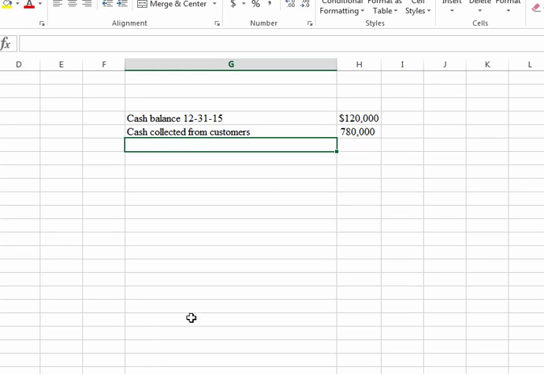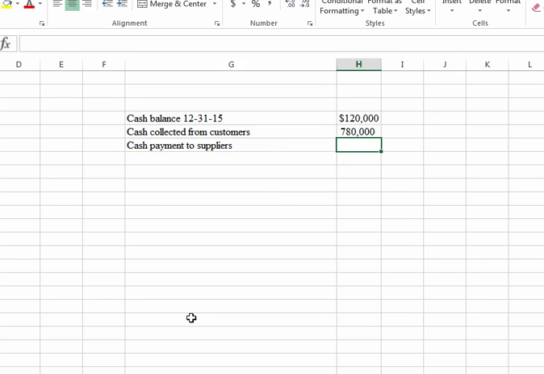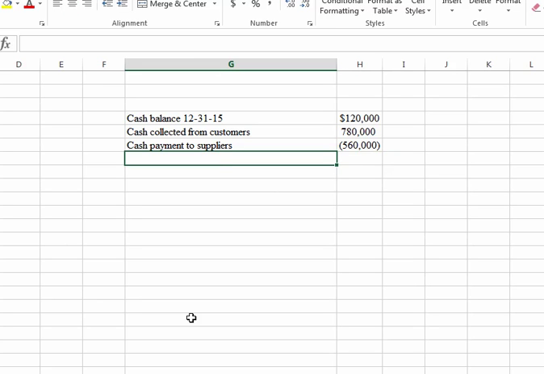Okay, then we have the next one that affects cash, payment to suppliers. Now that one's going to be cash going out, so we'll enter this one as a negative amount, $560,000. Then we've got cash paid for operating expenses.